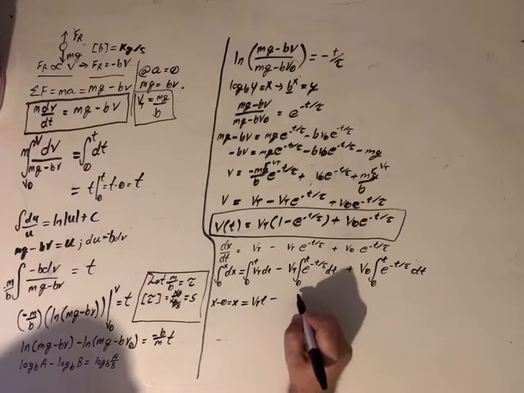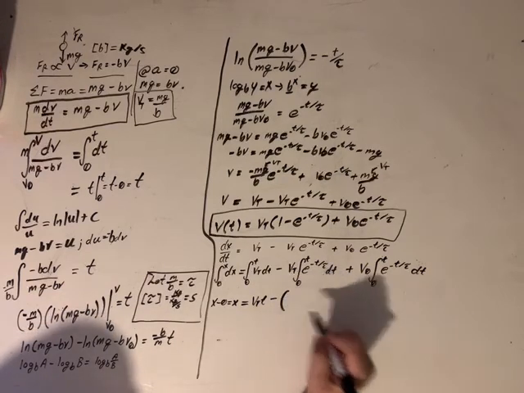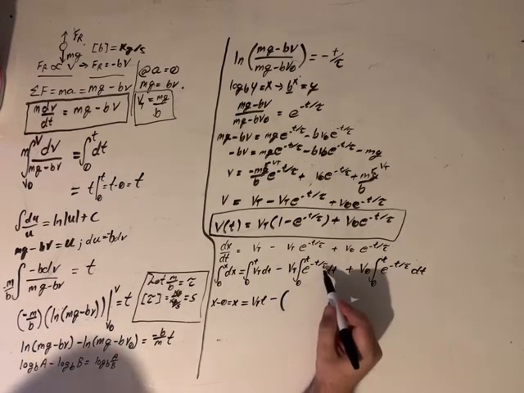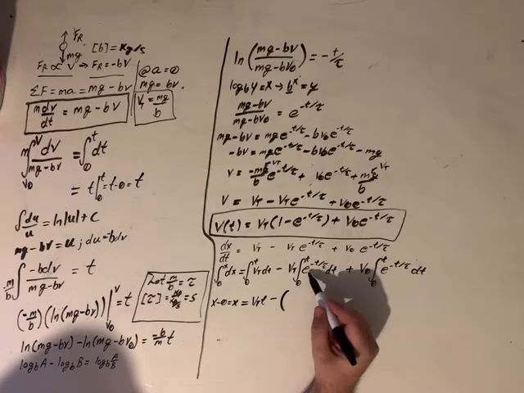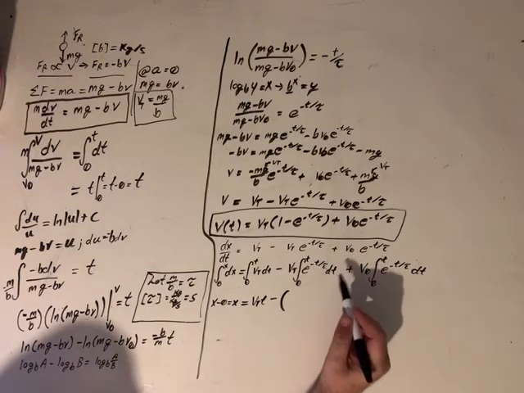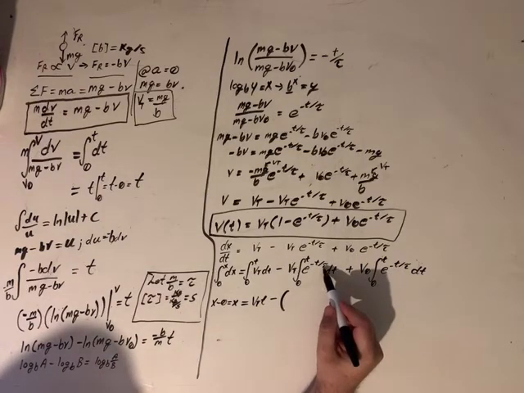And then minus, I'm going to put this in parentheses because I'm going to have to go to the limits here. Okay, so remember what happens when you differentiate e to the f of x. It's f prime of x, e to the f of x. So what I have to do here is think about doing that backwards. If I differentiated this, I would have negative 1 over tau.